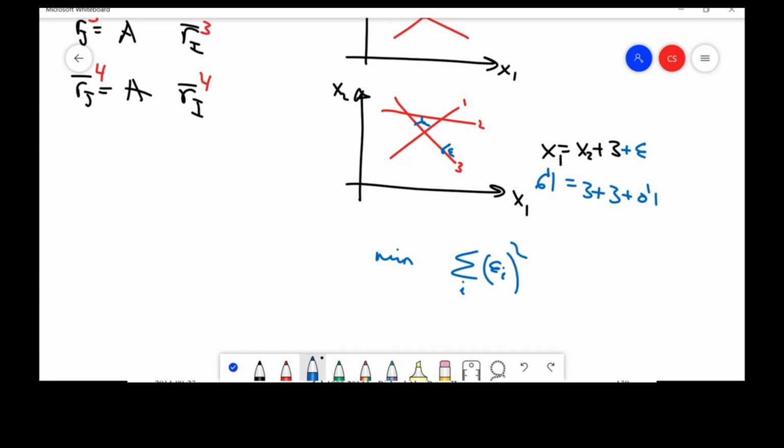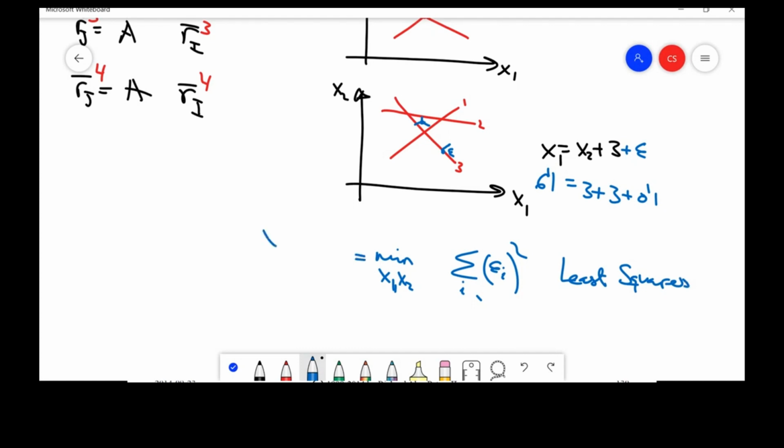So we want to find the solution x1, x2 that minimizes these errors. And that will be this point, that point in the middle. It is not exactly on any one of those equations, but more or less it satisfies all of them. And no wonder this is called the least squares solution.